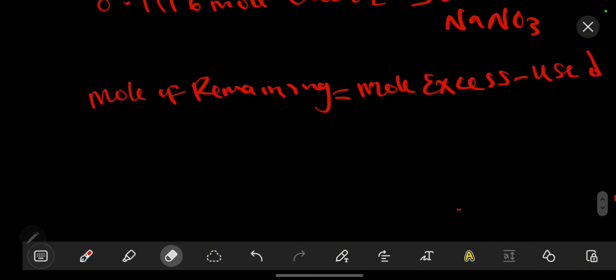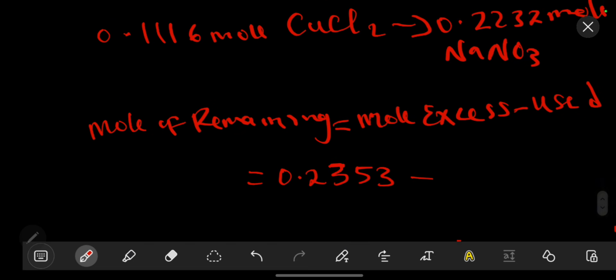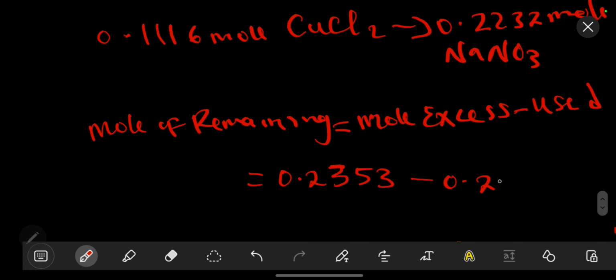So the moles of the excess is equal to 0.2353 moles. We subtract our 0.2232, which was the amount that was used. We can just put the moles out there.